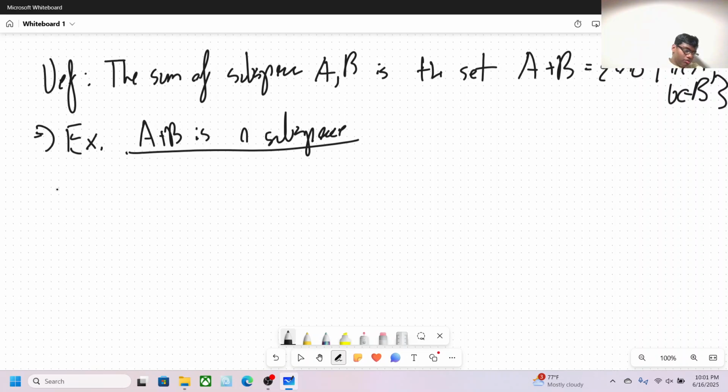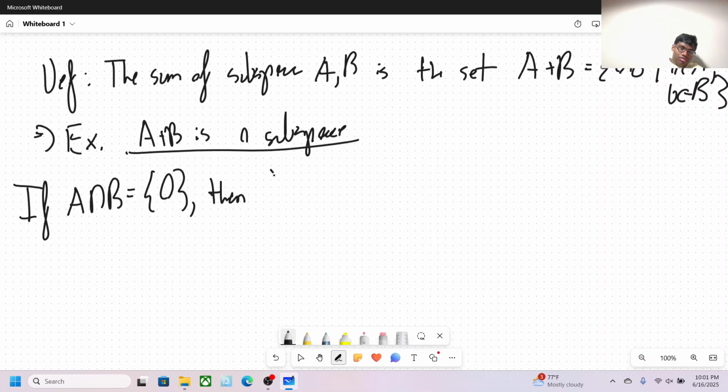You can prove that on your own time. And if we make another definition, if A intersect B is equal to 0, then this sum is an internal direct sum.